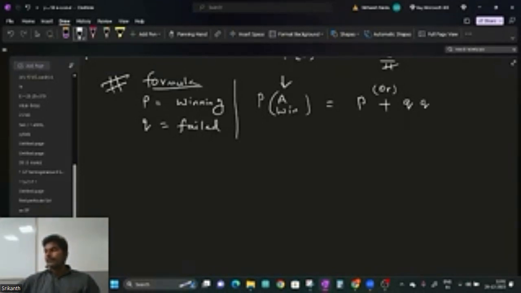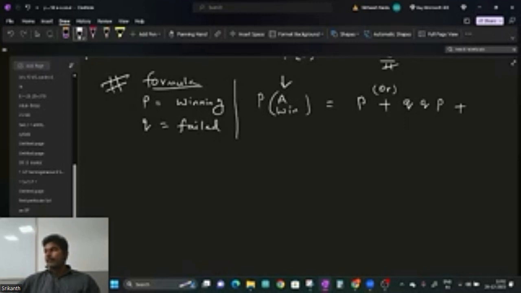So Q: both A failed, B failed. Now the second round starts. In the second round, A wins the game. That means at first, A wins the game in the first round; in the second choice, he wins in the second round. Then they shake hands and go to their homes.